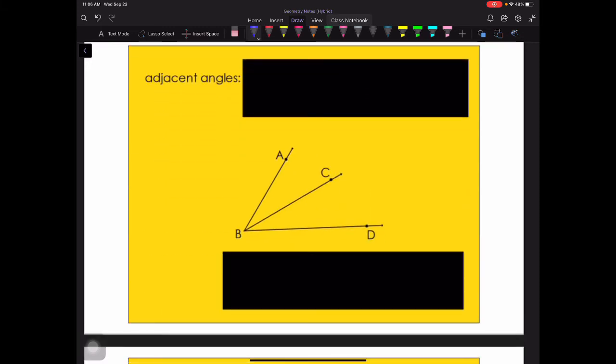So, adjacent angles. Let's start into a formal definition. Adjacent angles are two angles that share a common ray, aka a side. In our example below, we have angle ABC, right here, and angle CBD.